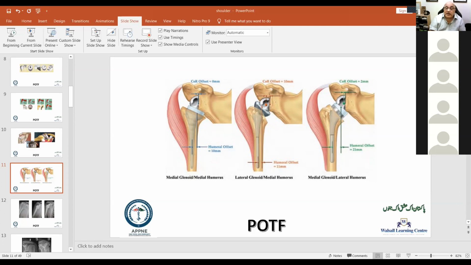So age does not mean you have to put a reverse in everybody. What it means is that you're allowed to put a reverse into somebody at the age of 65 because they all have a lifespan of 10 to 12 years. The younger you put it, the higher the chance of having a revision. So if the patient is happy and you can do revisions, and the patient would like to have a good quality of life, then you can do them early. But evidence suggests that it is better to do them later.